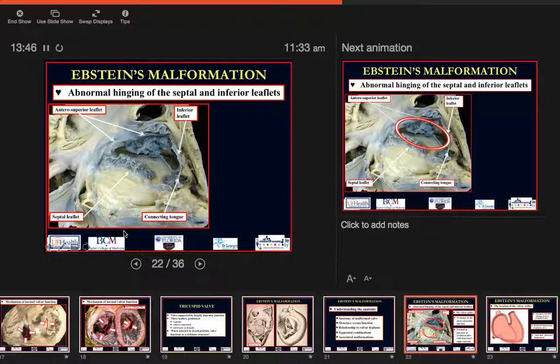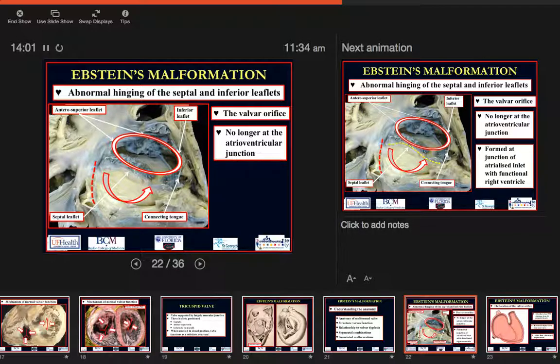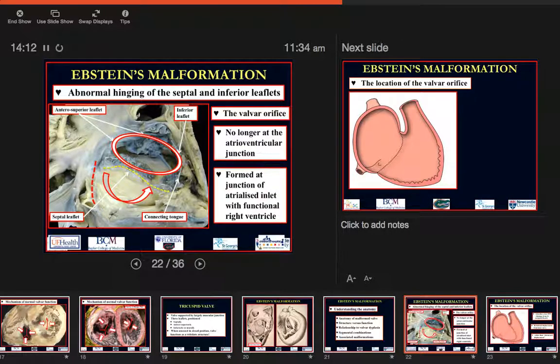Note the connecting tongue between the inferior leaflet, the anterosuperior leaflet, but there you see the valvar orifice. And it is no longer at the atrioventricular junction. Instead, it has been rotated so that it now occupies the junction between the atrialized inlet component of the right ventricle and the apical trabecular component.